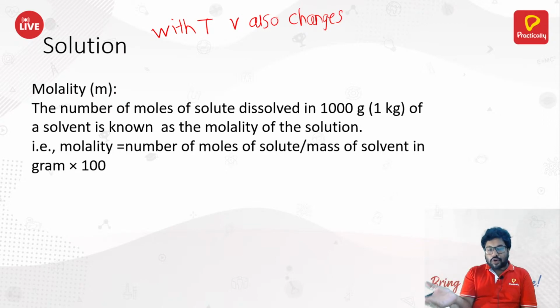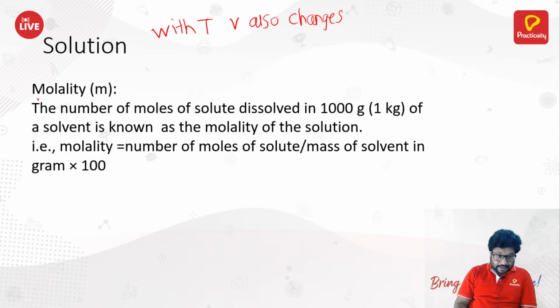Since volume is in the denominator, if the volume increases, obviously molarity would decrease. On the other hand, if the temperature decreases, the volume will also decrease, and obviously the value of molarity will increase. That is why with temperature, the value of molarity can change.